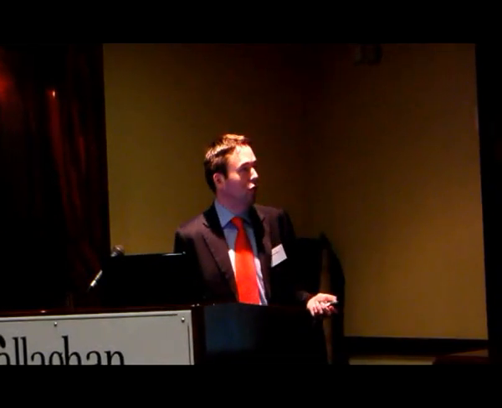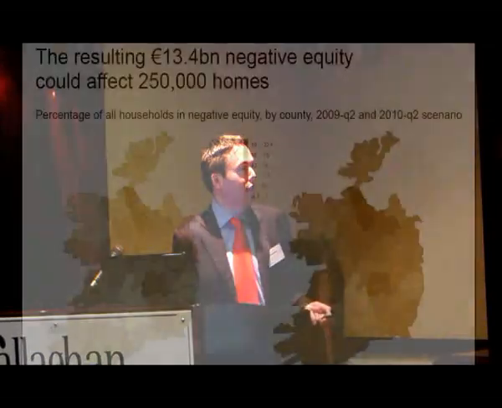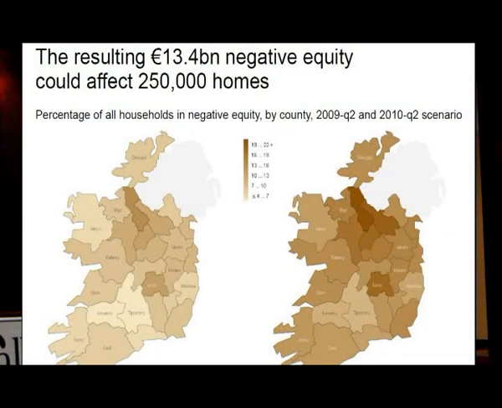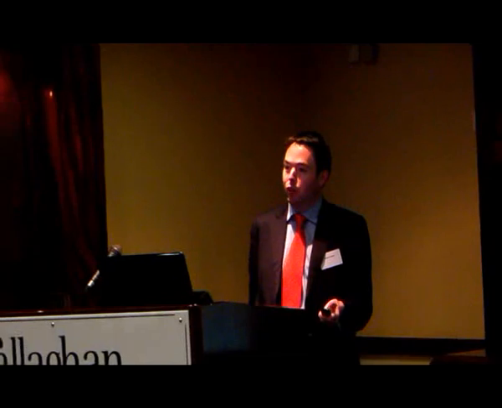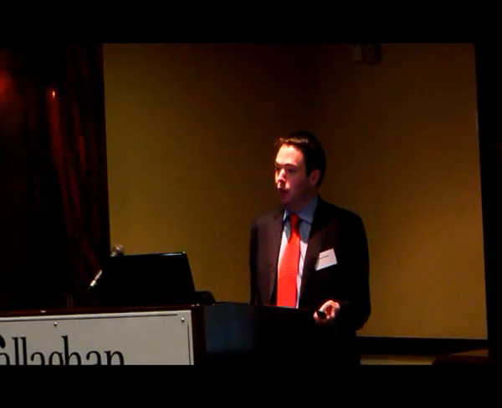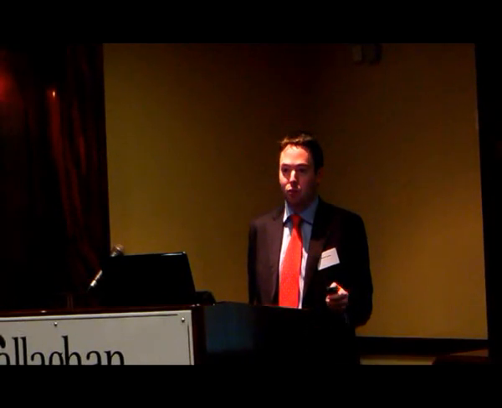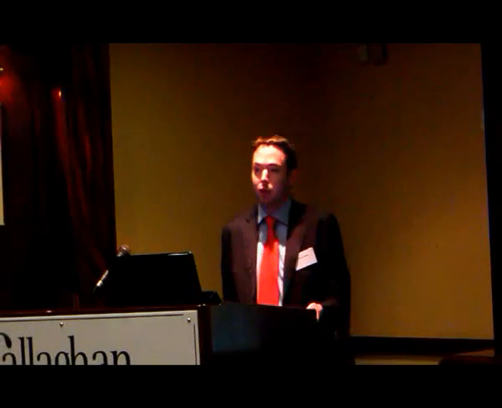So this shows the percentage of all households in negative equity currently. If you take as a rule of thumb that asking prices are 10% above prices actually being achieved at the moment, and if prices were to fall a further 25%, that's what it would look like. So the scale there is, that's Leitrim, almost a quarter of all households would be in negative equity in a year's time if house prices fell by 25% in that period.